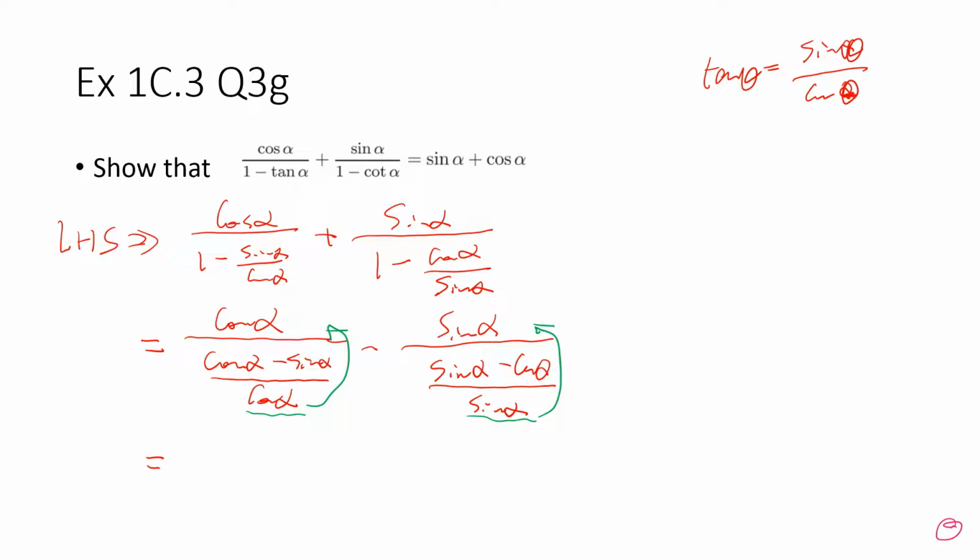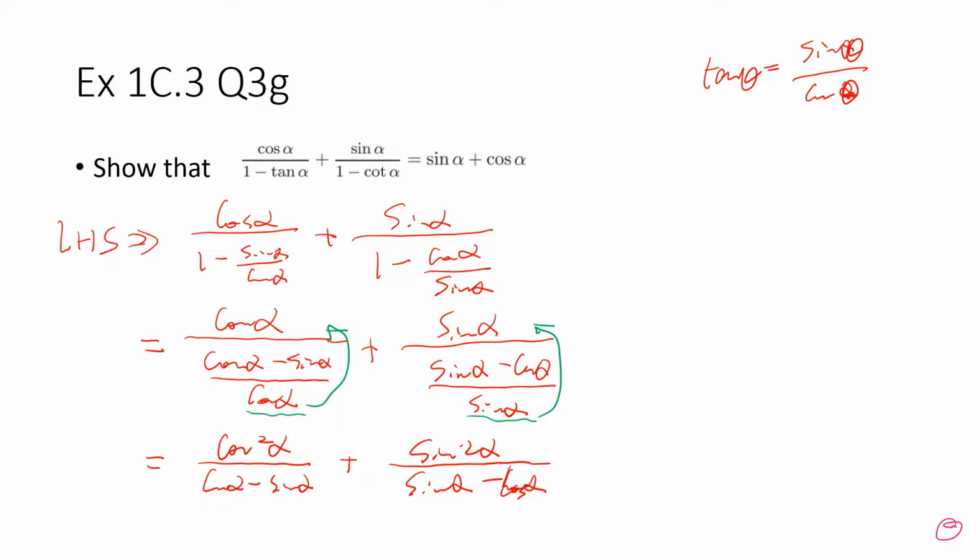So then the next step will become cosine squared alpha over cosine alpha minus sine alpha, plus sine squared alpha over sine alpha minus cosine alpha. And at this step, you'll see that we actually have the same denominator, because a minus b is the negative of b minus a, right?